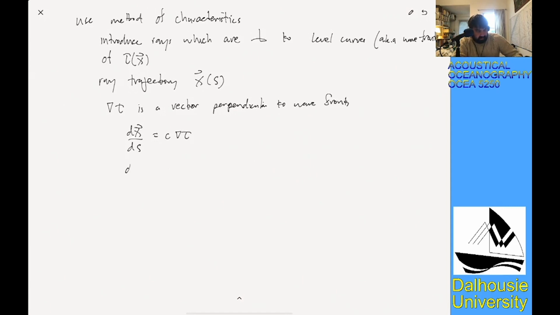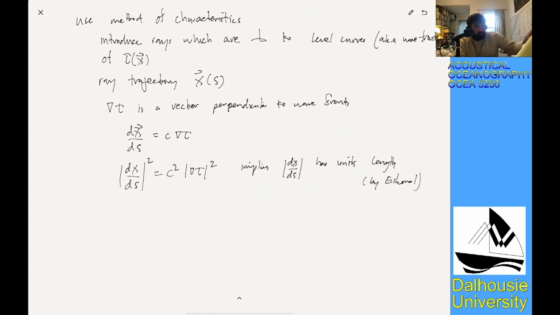And so when we say (dx/ds) squared equals c squared (del tau) squared, this implies that dx/ds has units of length. So s is the arc length along the ray.